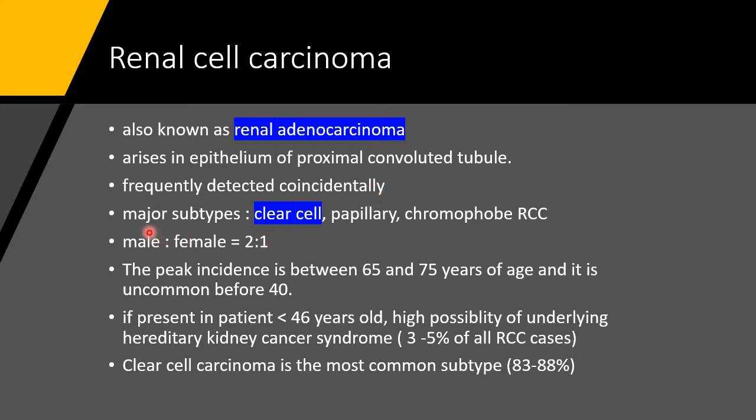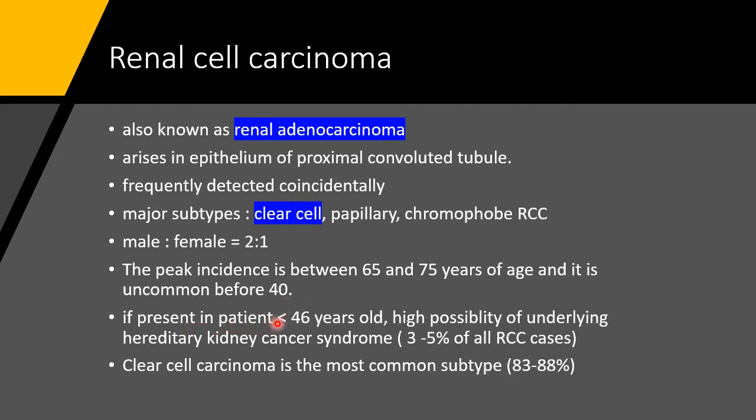There are three major subtypes: clear cell carcinoma, papillary carcinoma, and chromophobe renal cell carcinoma. And the male to female ratio is 2:1. The peak incidence is between 65 and 75 years of age, and it is uncommon before the age of 40.